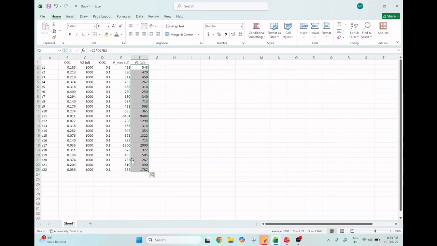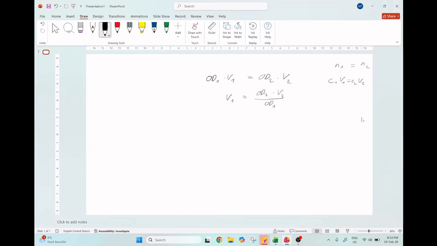Now this is quite a bit of work if you have 22 samples, right? So the little trick would be, we can maybe first of all get rid of this part, and then we can now say, what is our V2?